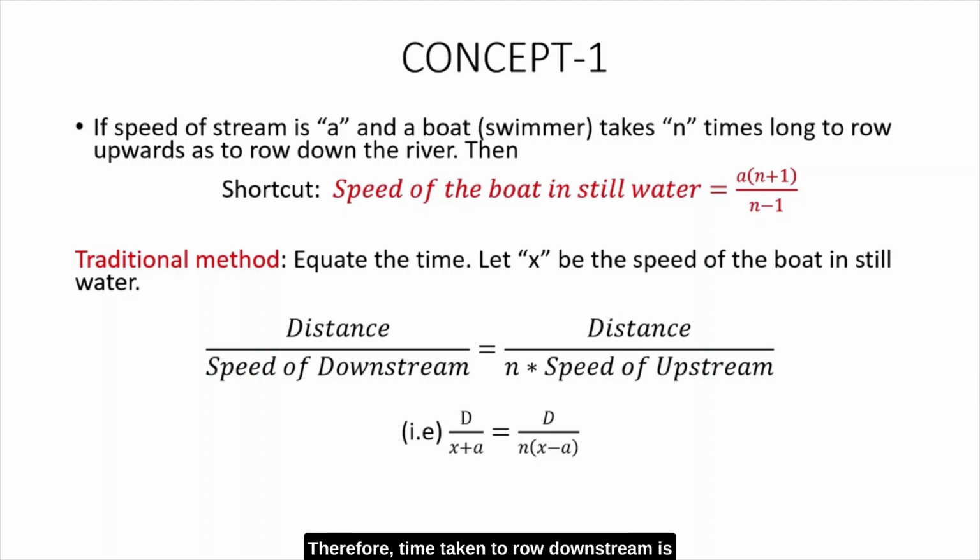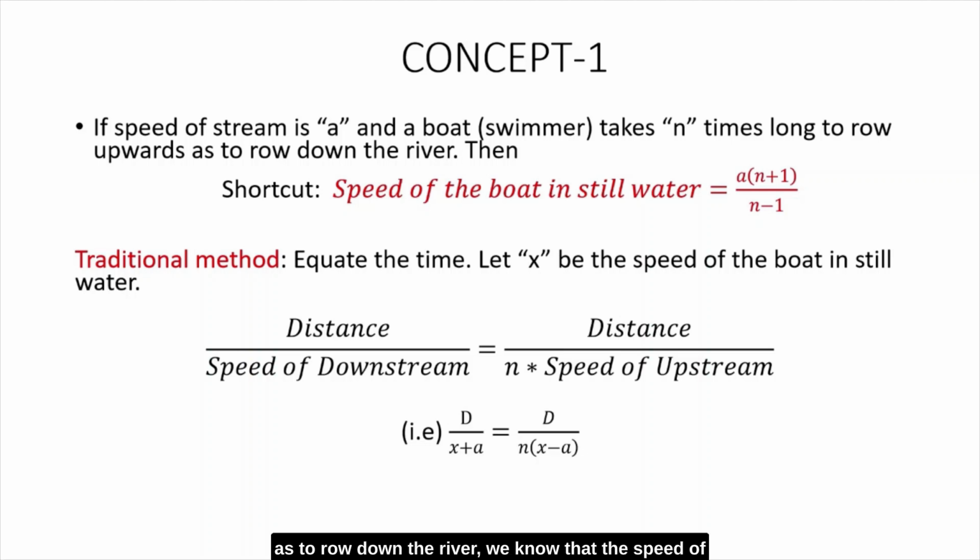Therefore, time taken to row downstream is equal to time taken to row upstream. Therefore, distance divided by speed of downstream is equal to distance divided by n into speed of upstream. Here, we are multiplying n with speed because a boat or swimmer takes n times long to row upwards as to row down the river.